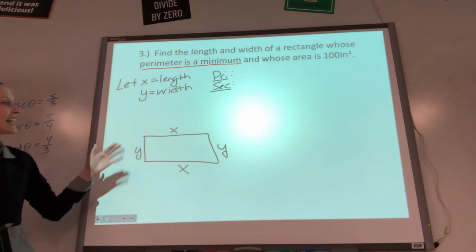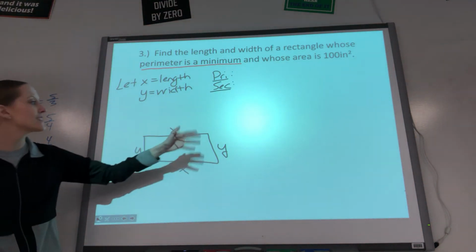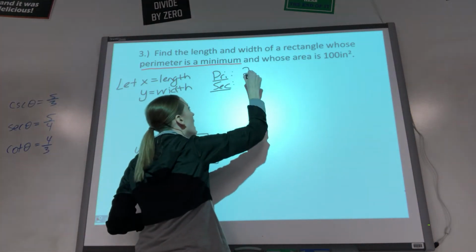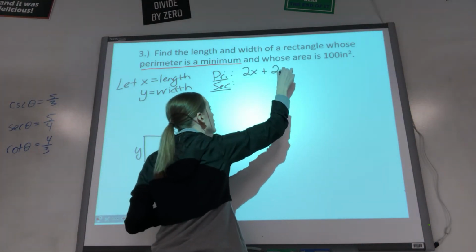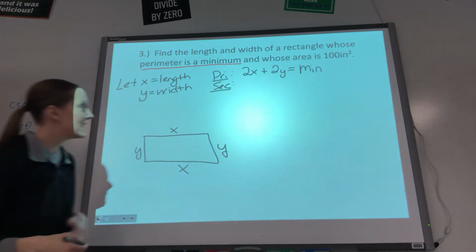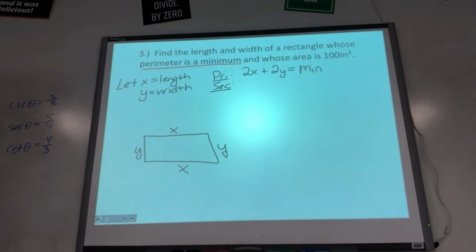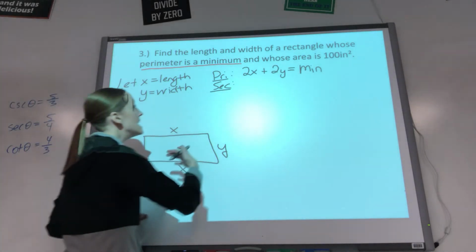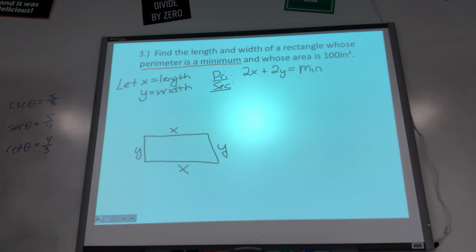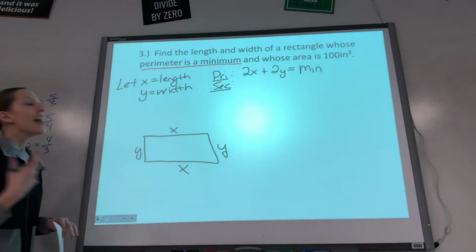If you want to just take x plus y, that's fine. Maybe a more condensed version of that would be 2x plus 2y. I'm going to go ahead and do it like that so it looks like it's simplified. But that perimeter is going to be a minimum.